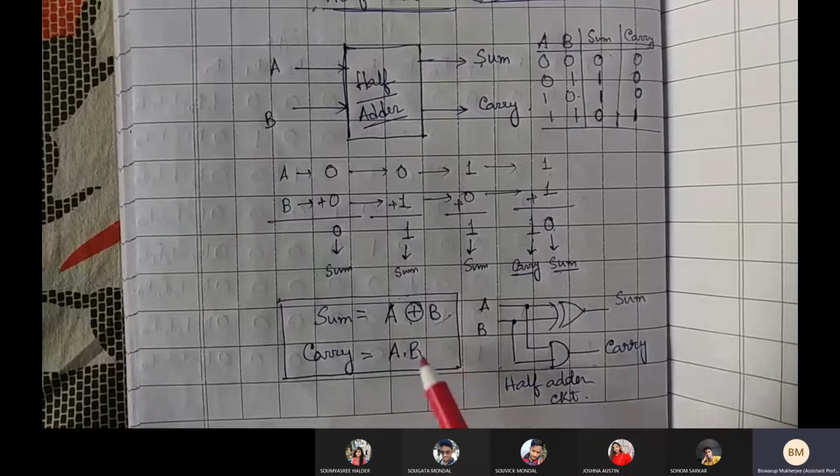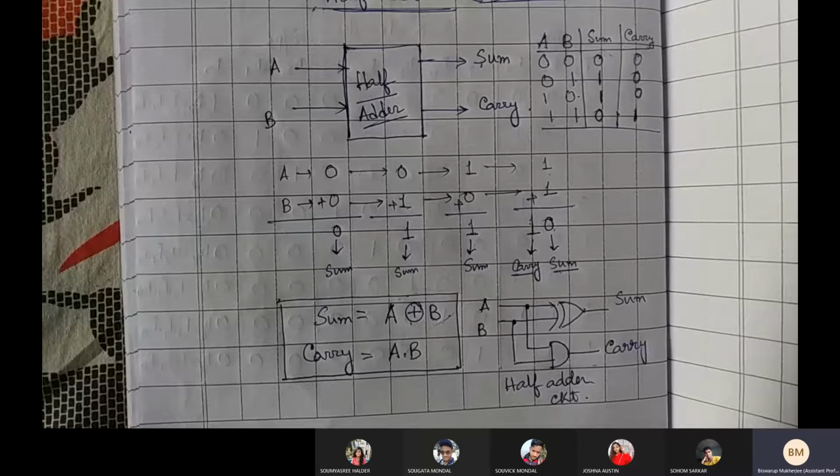From that also, AB bar plus A bar B can be written as A XOR B. Now the point is, earlier I told you that generally in case of circuit design we do not prefer XOR gate or XNOR gate. Instead of that, we go for simple AND gate and OR gate based circuits, so that can be written as SOP or POS format of expression, and that can be replaced directly by universal gates.